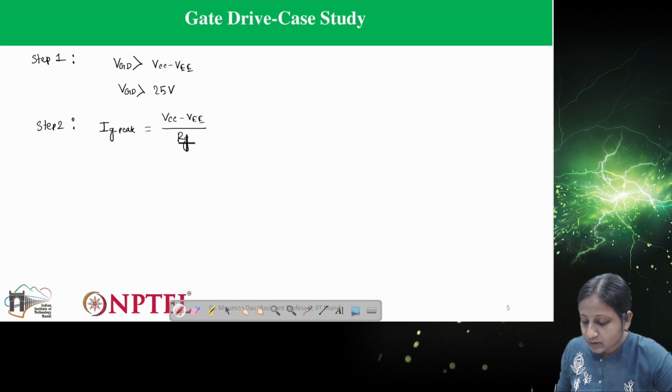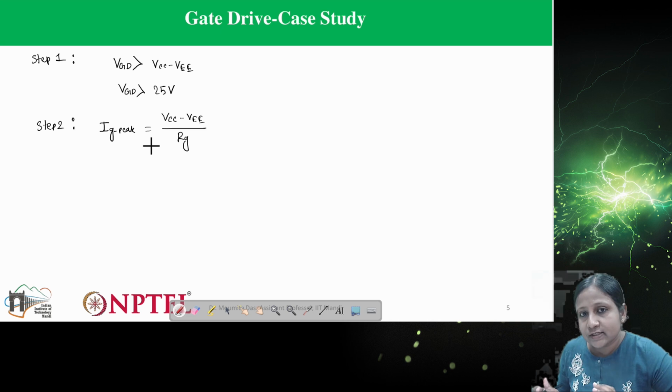So if we have only internal gate resistance, this peak current should be less. So basically if we have higher resistance, then what will happen? Then current will be less. If we have lower resistance, then the current will be more, peak current will be more.